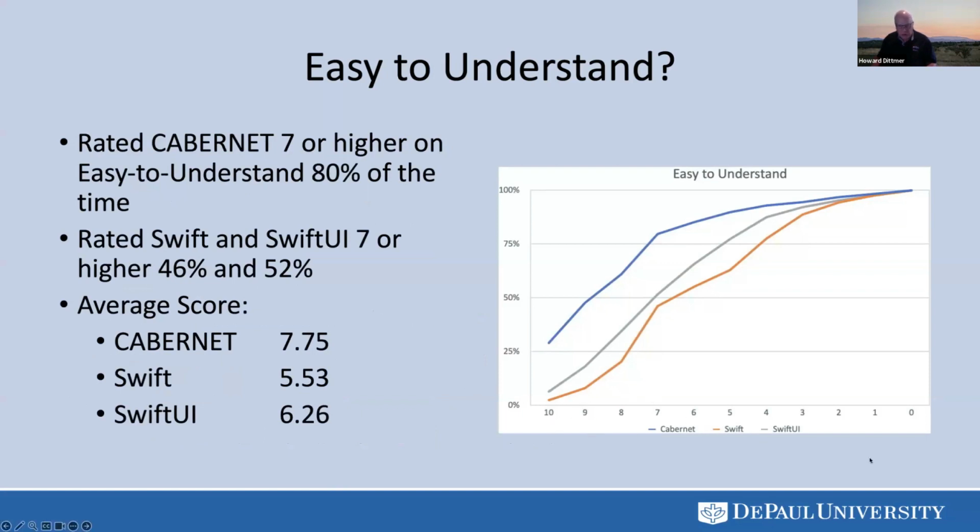They graded each of the questions on a scale of 0 to 10 with respect to things like how easy it is to understand. And of the questions that were associated with easy to understand, 80% of the answers graded Cabernet 7 or higher, whereas the same programs in Swift and SwiftUI were down around 5 to 6.